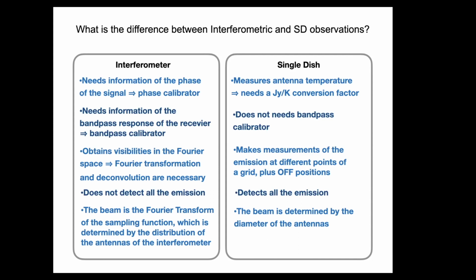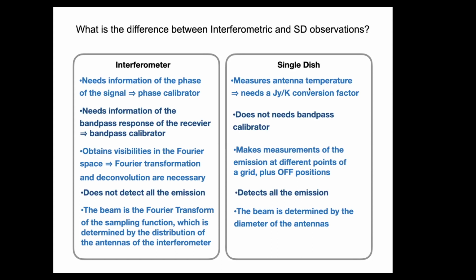So in many cases, it will not detect all of the emission, but just a part of it. And finally, the beam of the observations for the interferometer is the Fourier transform of the sampling function, which is basically determined by the distribution of the antennas in the array. The more separated the antennas are, the smaller the beam would be.